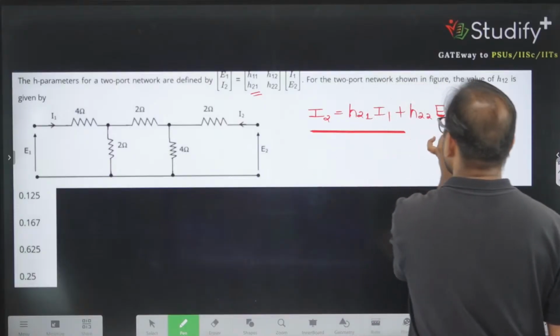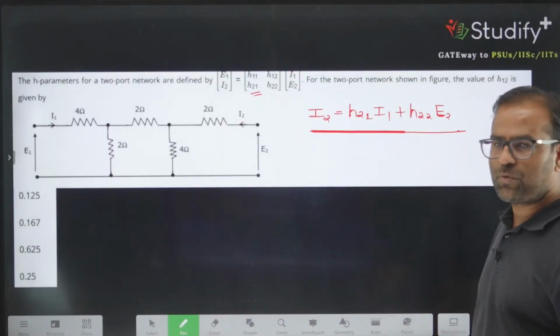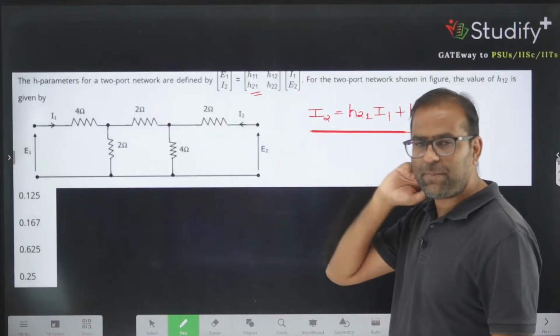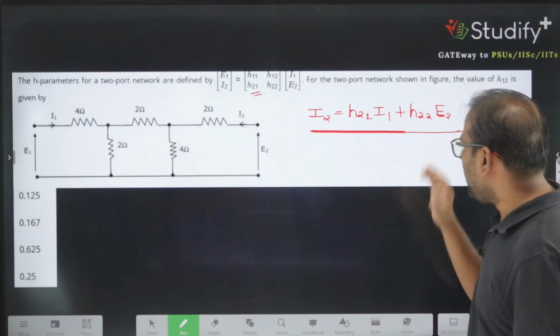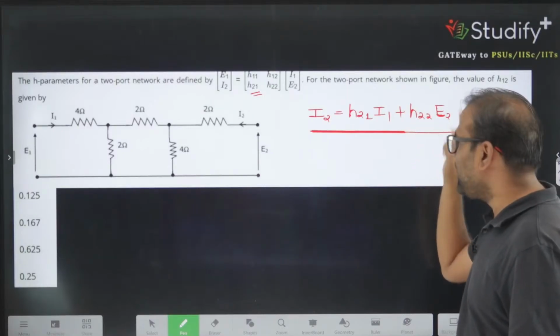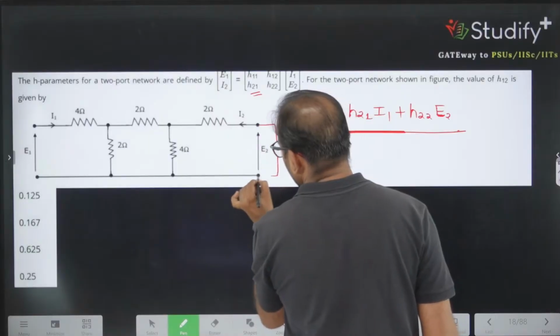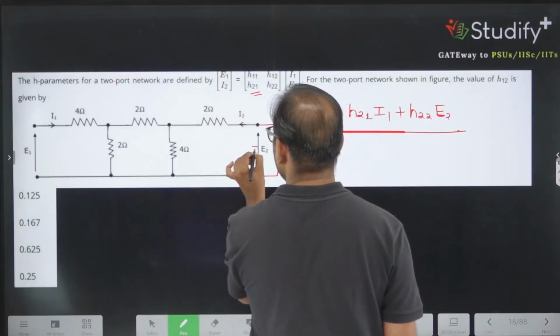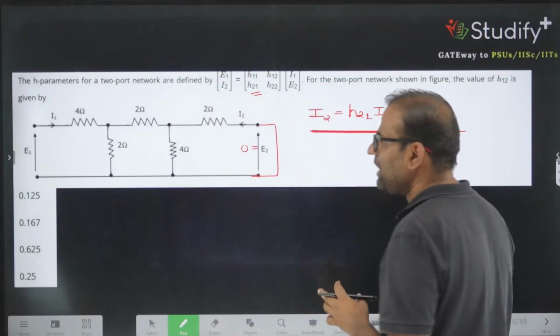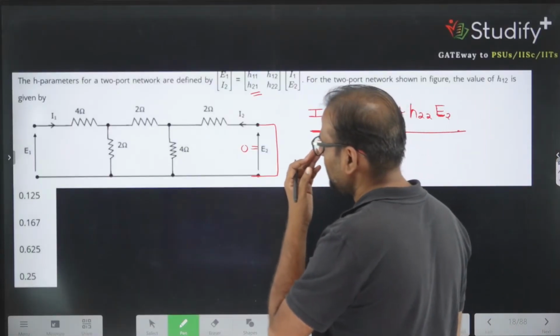Here you know that E1, E2 and I1 are independent sources. So if I am interested in H21, I have to make E2 equal to 0. The moment I make E2 equal to 0, this will be 0 volt. Then I am interested only in the relationship between I1 and I2.